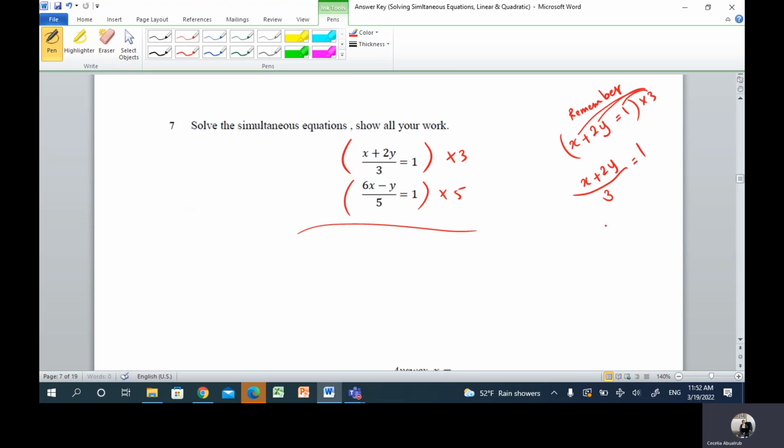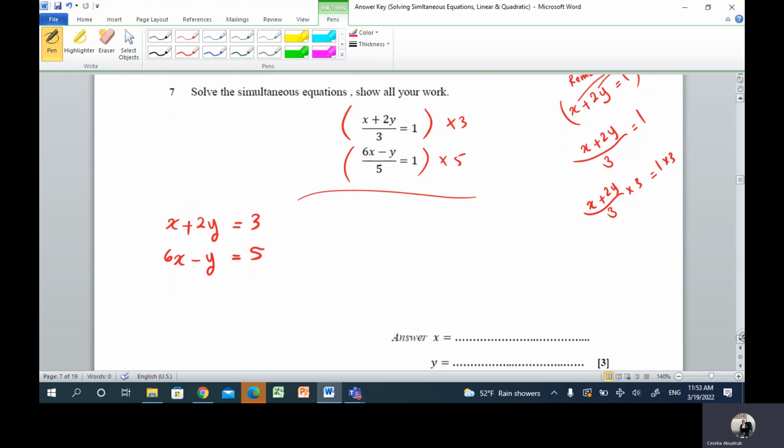What you're going to do is x plus 2y all over 3 as a term times 3 is equal to 1 times 3. Okay? So the new equation is going to be x plus 2y and not 3x plus 6y is equal to 1 times 3 is 3. The second equation will become 6x minus y and not 30x minus 5y is equal to 1 times 5, which is 5. So now I have these two new equations.